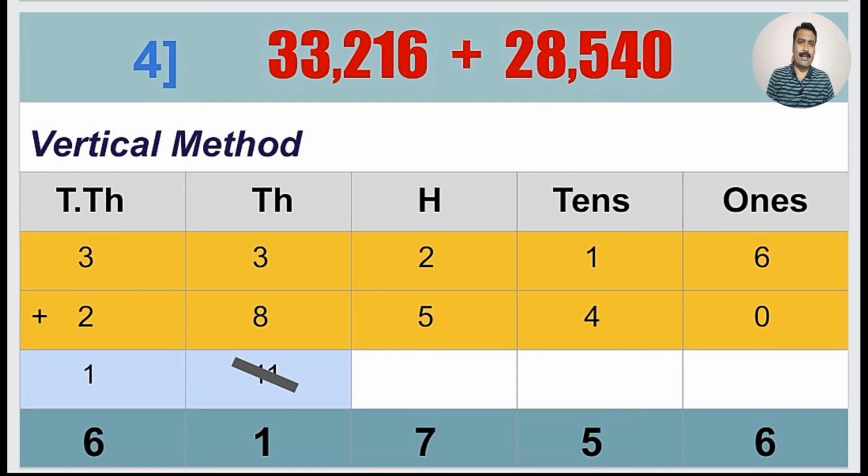While arranging that number, 3, the extreme left position, we write at the 10,000 column. Thereafter the next 3 we write at the thousands column. 2 we write into the hundreds column, 1 into the tens column and 6 into the ones column.